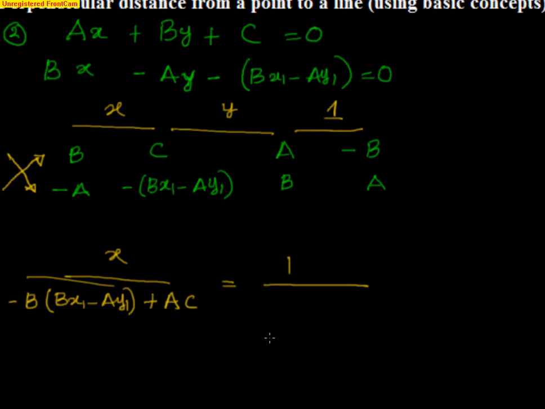What does this become? I have to take b and minus a, so this becomes b and minus a. Right, so this is nothing but 1 by minus a square minus b square.